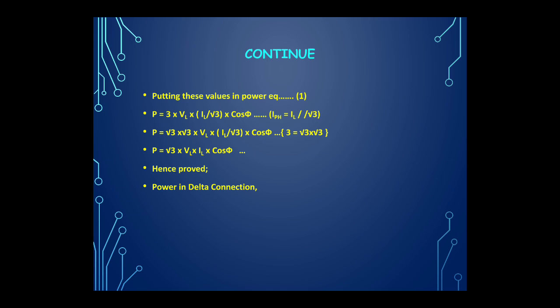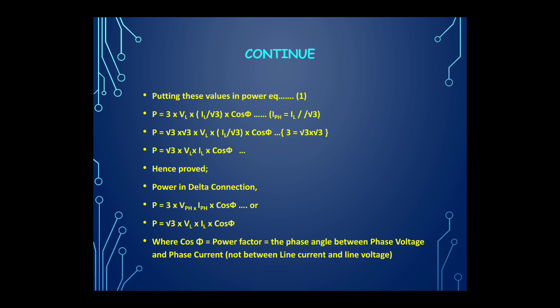Hence proved, power in delta connection is the same as star: P equals 3 into phase voltage into phase current into power factor, or P equals root 3 into line voltage into line current into power factor.